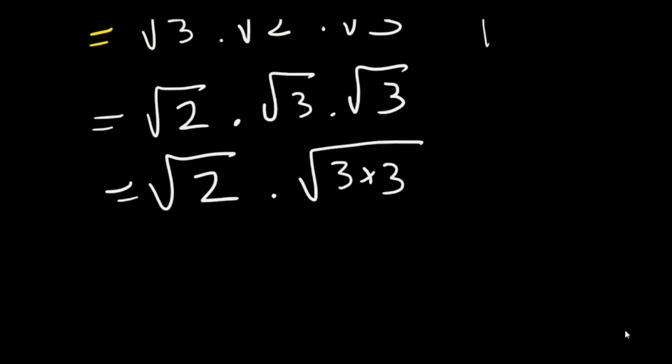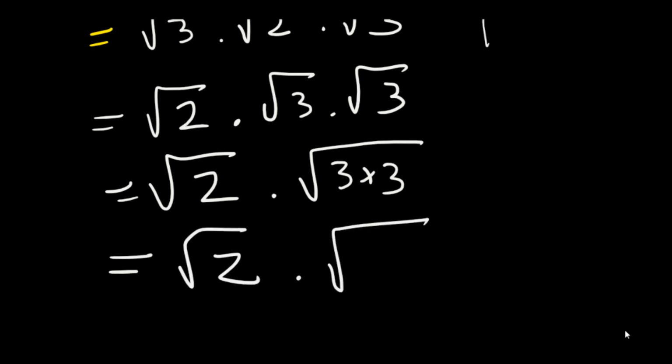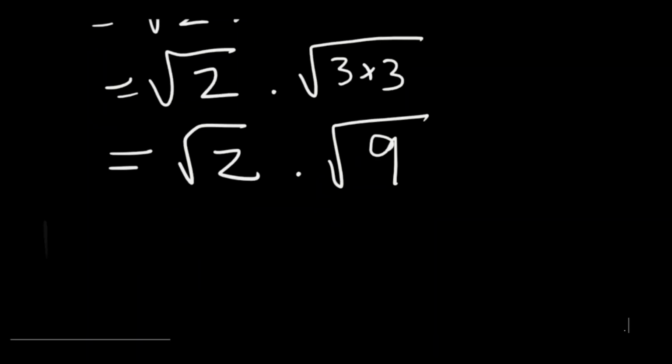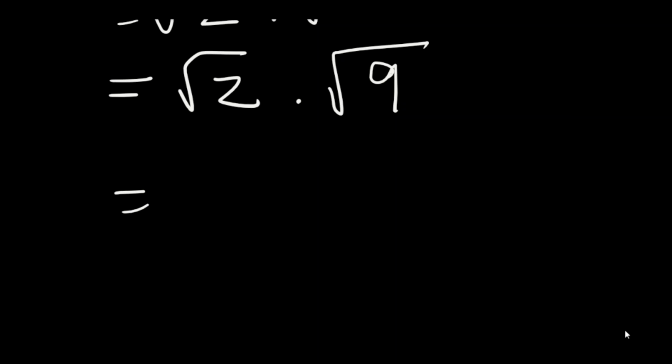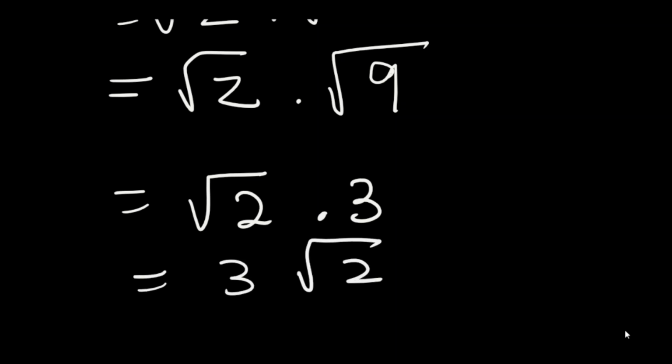We multiply them basically. So the root of 2 multiplied by the root of 9, since 3 times 3 is 9. The root of 9 is 3. Then you can just write it as 3 root 2.